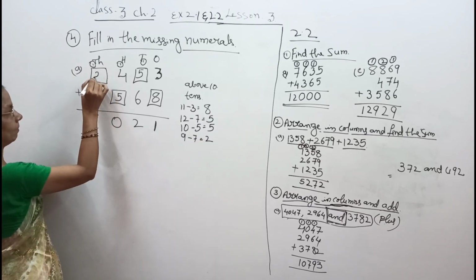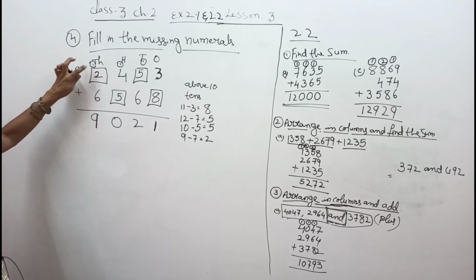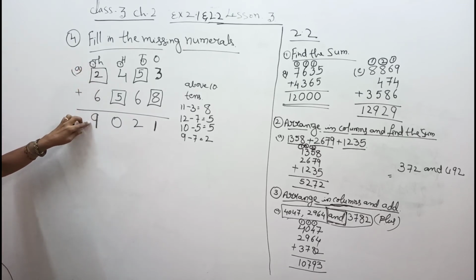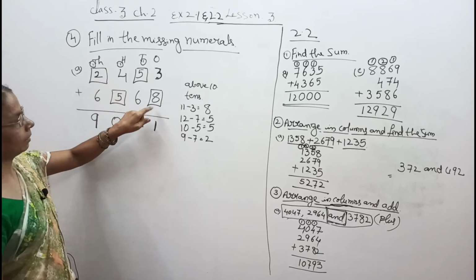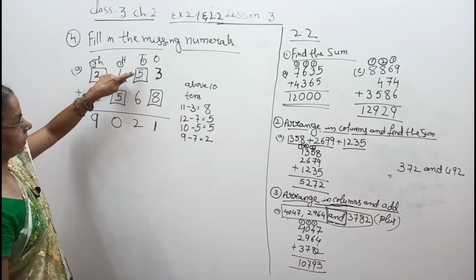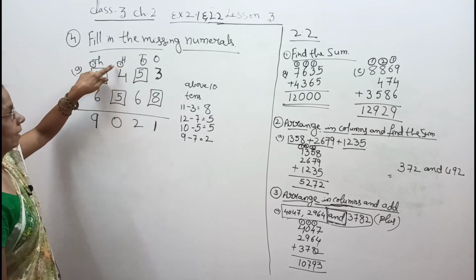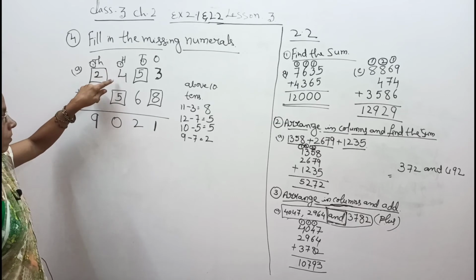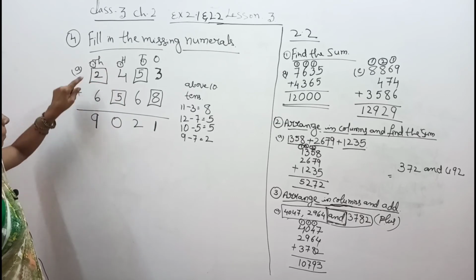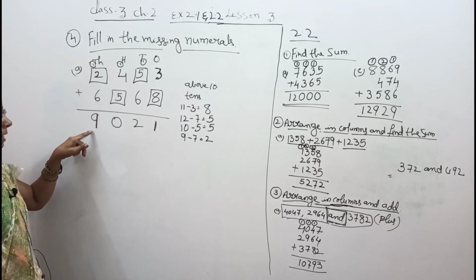In the blank we have to write 2. Then 2 plus 1 is 3, 3 plus 6 is 9. Now add it: 8 plus 3 is 11, 1 carry, 1 plus 5 is 6, 6 plus 6 is 12, 1 carry, 1 plus 4 is 5, 5 plus 5 is 10, 1 carry, 2 plus 1 is 3, 3 plus 6 is 9.